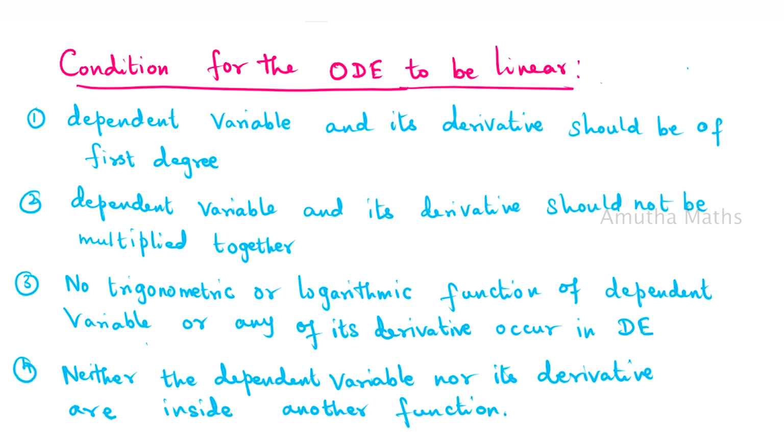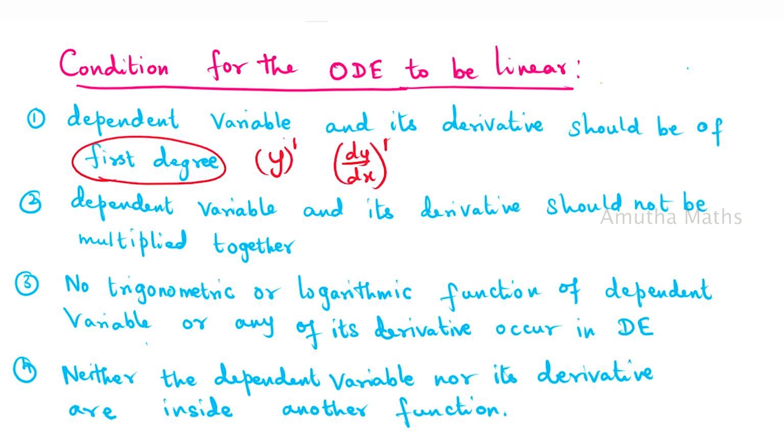Now we shall see the conditions for the ordinary differential equation to be linear. The first condition is that the dependent variable and its derivative should be of first degree. That is, if the dependent variable is y, then y should be of degree 1, and its derivative dy by dx should also have degree 1.